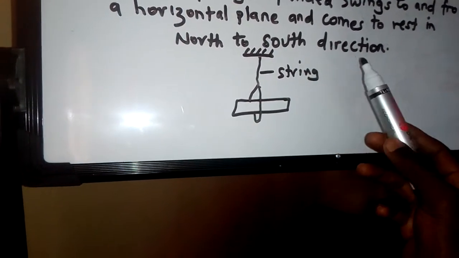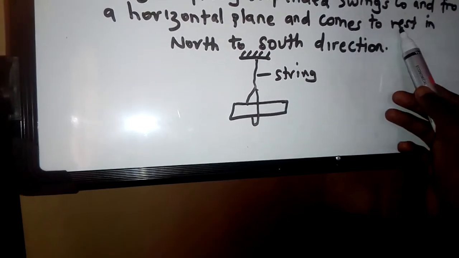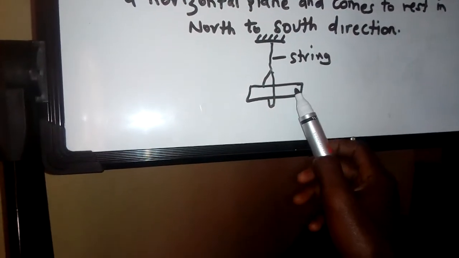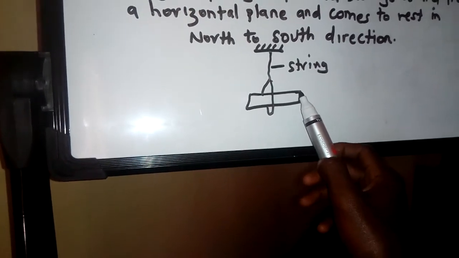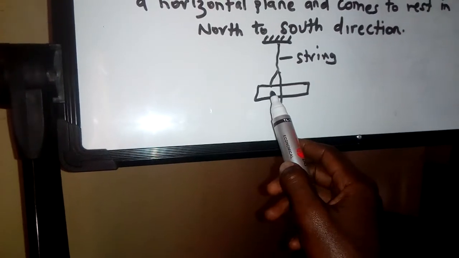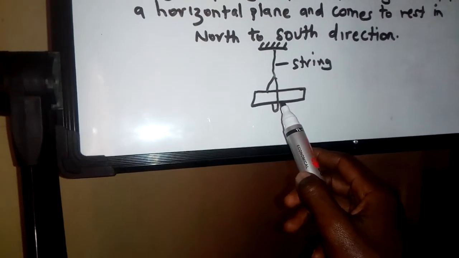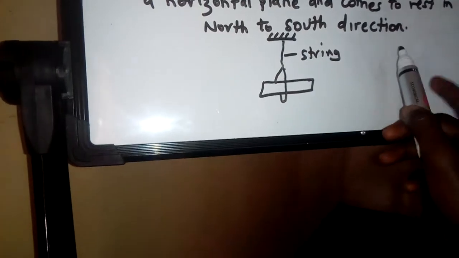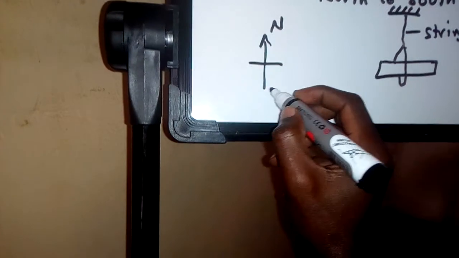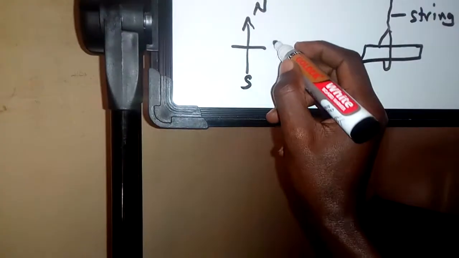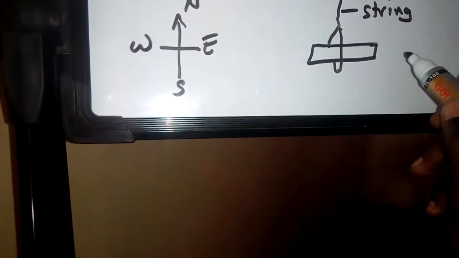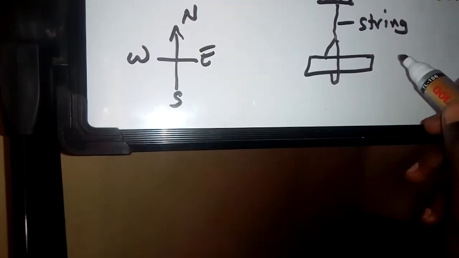When it stops swinging, we use the word what? Comes to rest. When it comes to rest, you realize that one pole of the magnet will be facing north, and another pole will be facing what? South. Now, research has shown that the pole which faces to the north, if this is our compass direction, north and south, east and what? West.